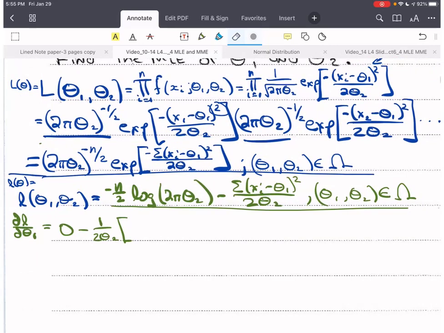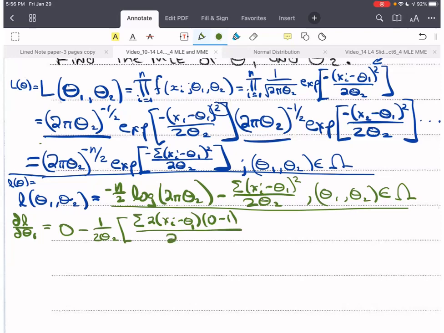All right. So I'm going to take the derivative of the sums, so that's going to be the sum of the derivative, and that's going to be 2 times xi minus theta 1, and it's with respect to theta 1, I have to use the chain rule on this, so it's going to be a negative 1, because the derivative with respect to theta of xi makes xi a constant, so it's a 0, 0 minus 1, or a negative 1.